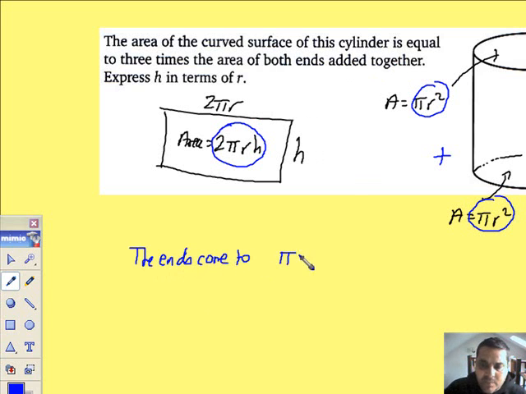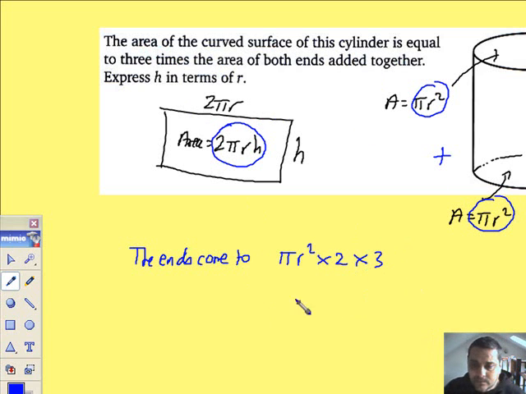They come to pi r squared times 2, and the area of the curved surface is equal to 3 times the area of both the ends added together. Right, so I'm going to go pi r squared times 2, that's them added together, and I need to multiply by 3 to make the curved surface.